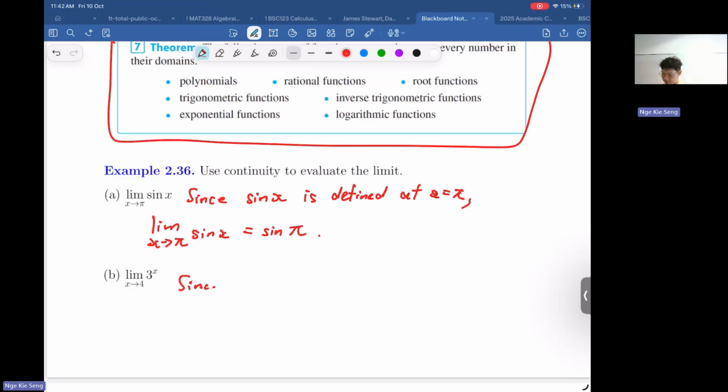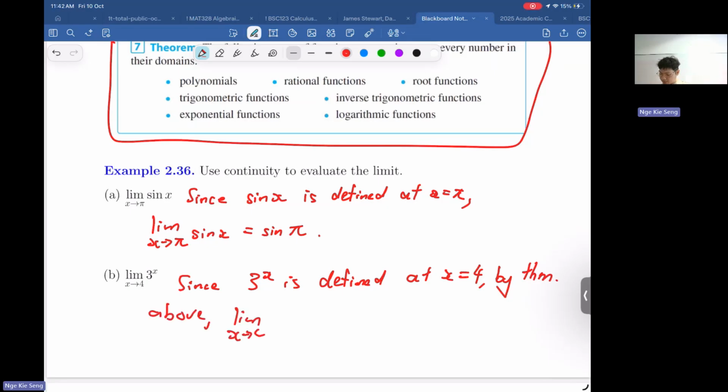So since 3 to the x is defined at x equals 4, by the theorem above, we can just substitute 4 into x to get the limit. So 3 to the 4 is what? 81.